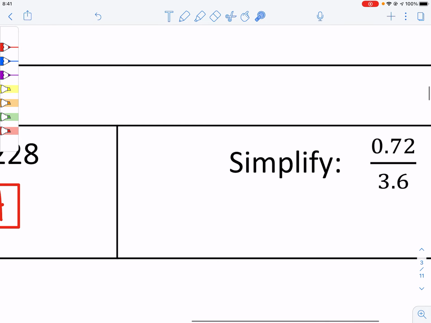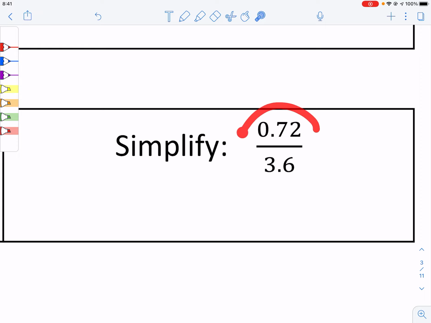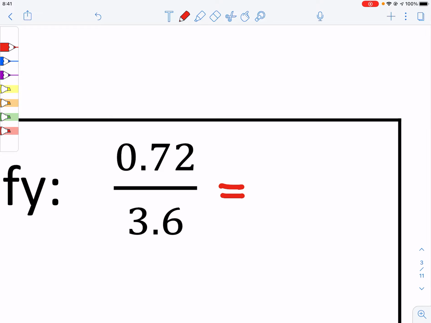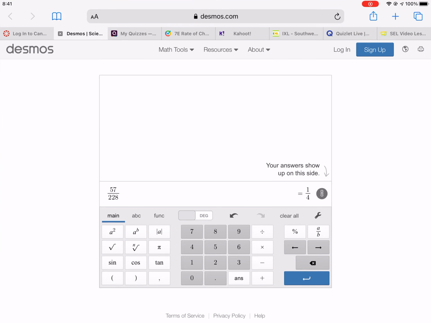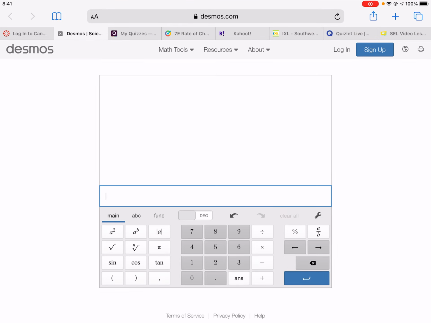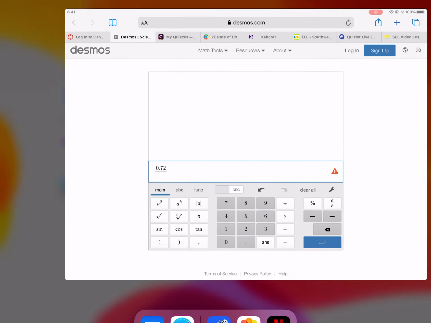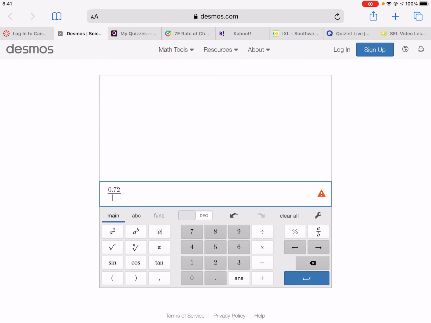Okay, let's try this one. So same thing here. It's already written as a fraction, so just take that, type it into your Desmos calculator, and it will give you a simplified fraction. So I have 72 hundredths over, and again, I just push the fraction bar, but you can push that a over b button if you want to, 3.6.